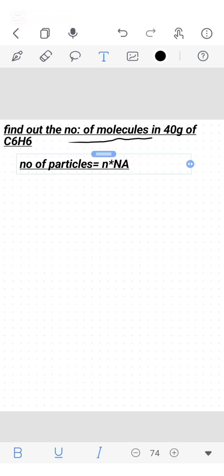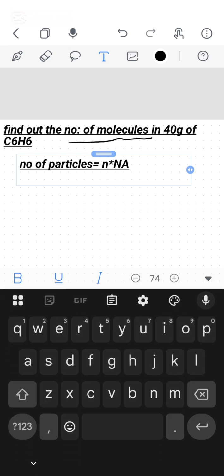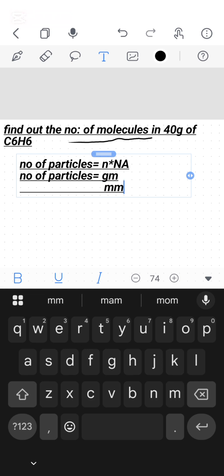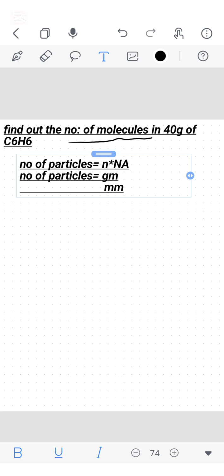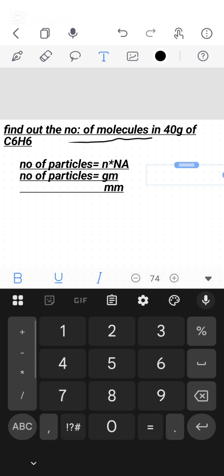So if we solve it, number of particles is equal to, since n means mole, we will be applying the mole formula, which was given mass upon molar mass, and it will be multiplied with 6.02 multiplied by 10 power 23.